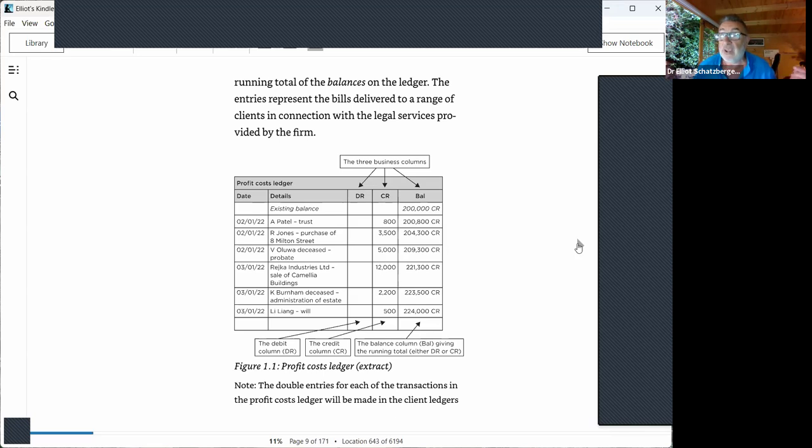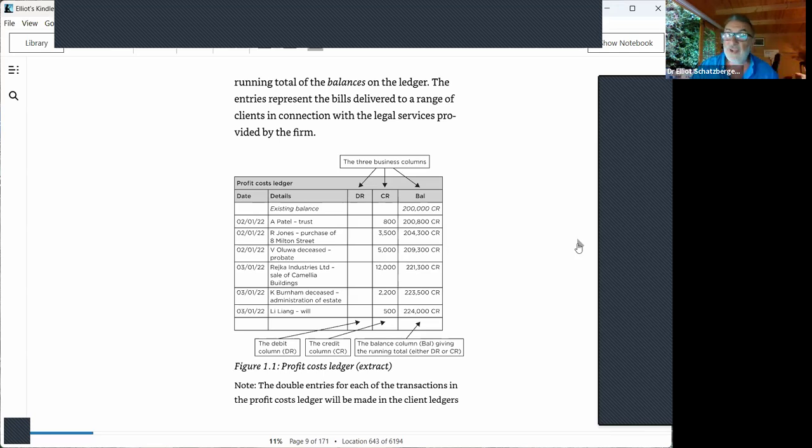They're very wrong. So, for example, it may well be you get a question that says, we have sent a bill to Mr. Patel for £800. How does this appear on Patel's ledger and on the profit cost ledger?